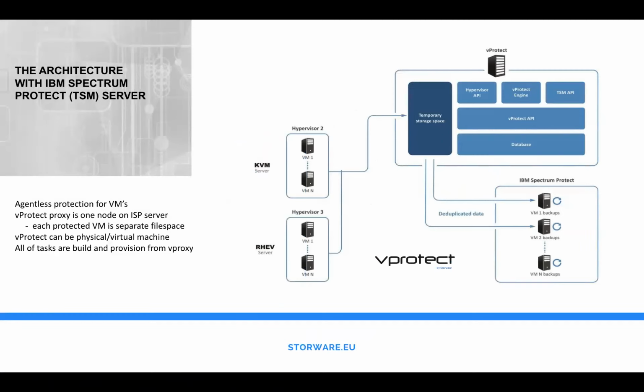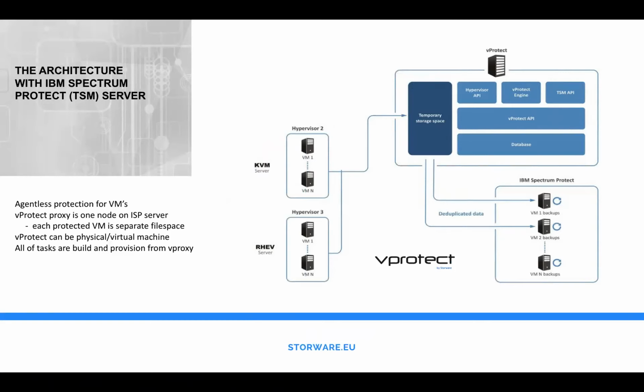Just an example of how the architecture can look with Spectrum Protect. We have many implementations with IBM Spectrum Protect itself, so I always give this example. On the left, it doesn't matter, you could use a VM or RHV, but in this scenario, it's a Citrix XenServer itself. We always use the native API to communicate with the hypervisors.